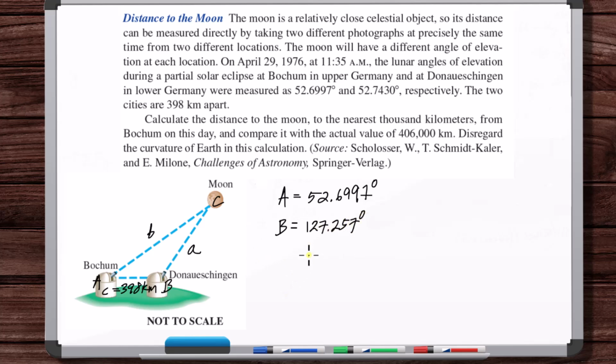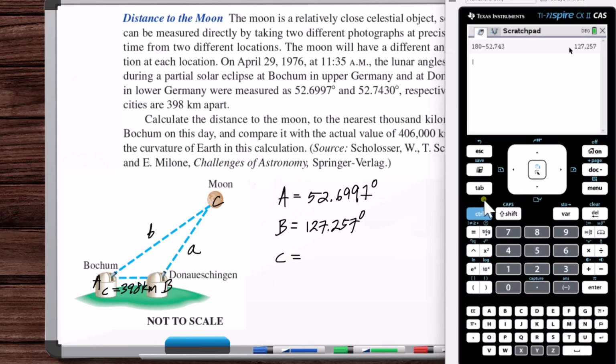Now, we might not need it, but we can easily get angle C because the angles of a triangle sum to 180. So add those two, and then subtract that from 180, and that's going to be angle C. That's why they're saying this is not to scale.